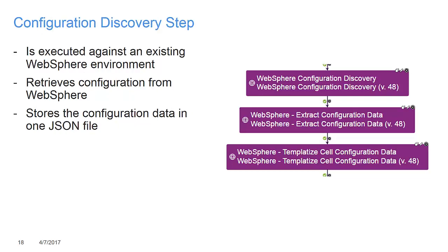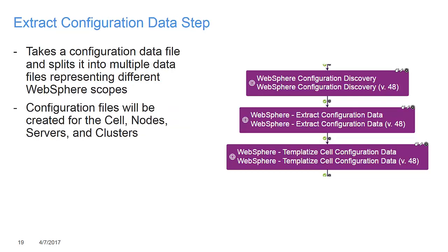First off, the WebSphere configuration discovery step is the step that connects to your WebSphere environment and extracts that configuration data, saving it into a JSON file. The next step is the extract configuration data step. If you run a full discovery on your cell, you'll get one configuration file back containing all of your configuration data.